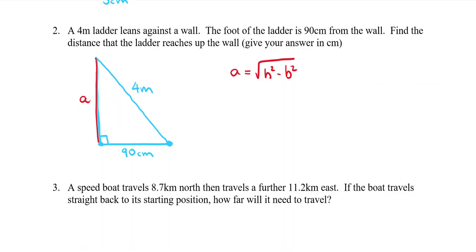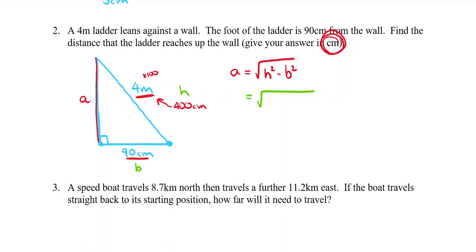But there's one other trick with this question, and that is that one of the sides is in metres and the other side is in centimetres. The question says to give the answer in centimetres, which means I want to change that one. 4 metres, you times it by 100, is the same as 400 centimetres. So that is going to be my hypotenuse, the longest side, and the 90 is going to be the b. Let's put that into our formula.